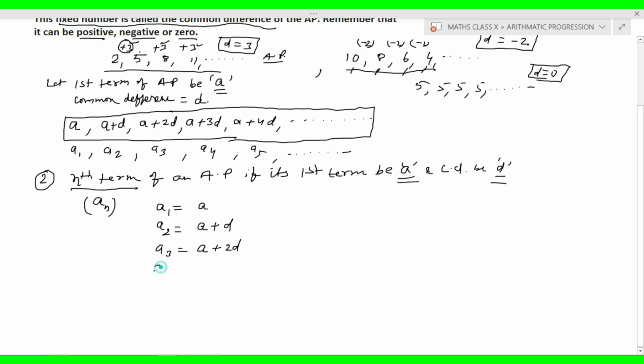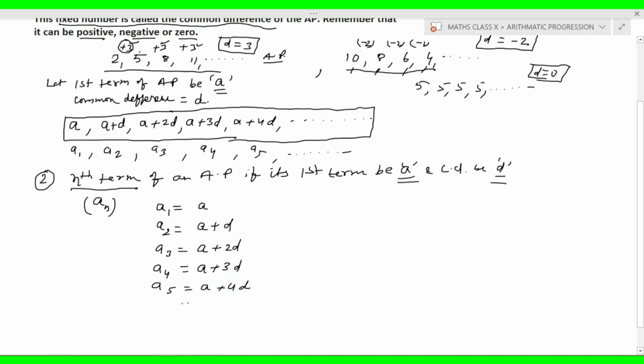What is the fourth term? The fourth term is the third term plus D. Here if you do one more D, you get 3D. Similarly, what is the fifth term? The fifth term is the fourth term plus D. Here 3D plus D is 4D.